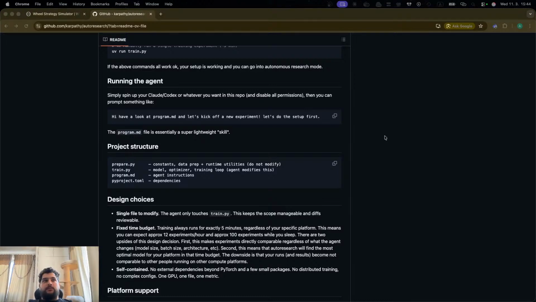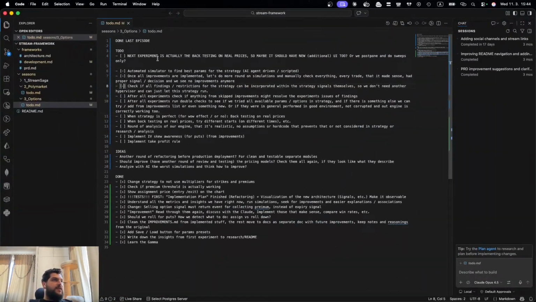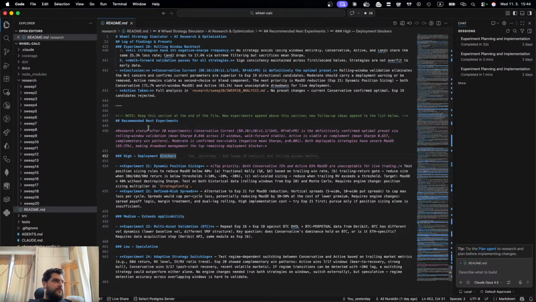All right, let's get back to our experiment here. Let's refresh our memory on what we have. This one is still not decided. The last recommended next experiment is the research status after 20 experiments. Conservative current is definitely confirmed as the optimal preset via rolling window validation, mean Sharpe 0.8 across 17 windows, walk-forward stable.